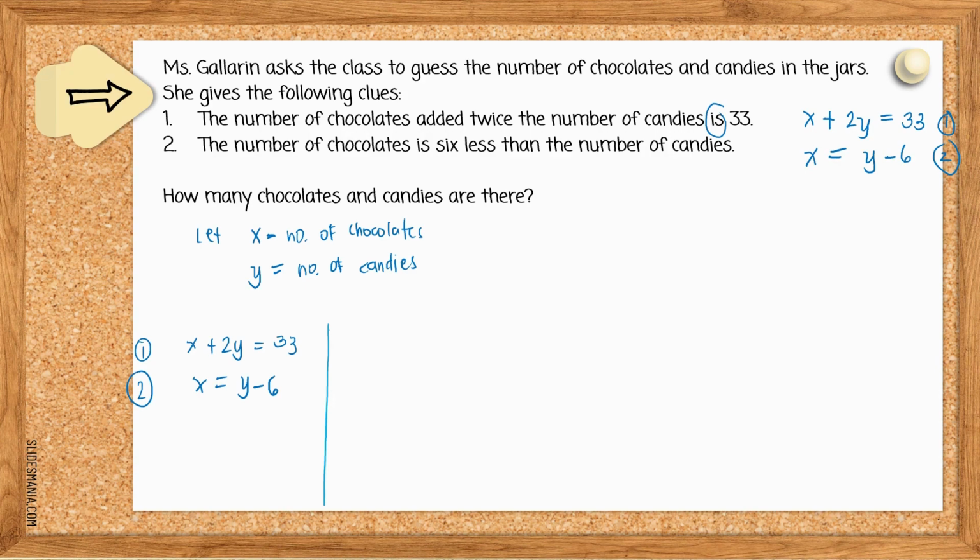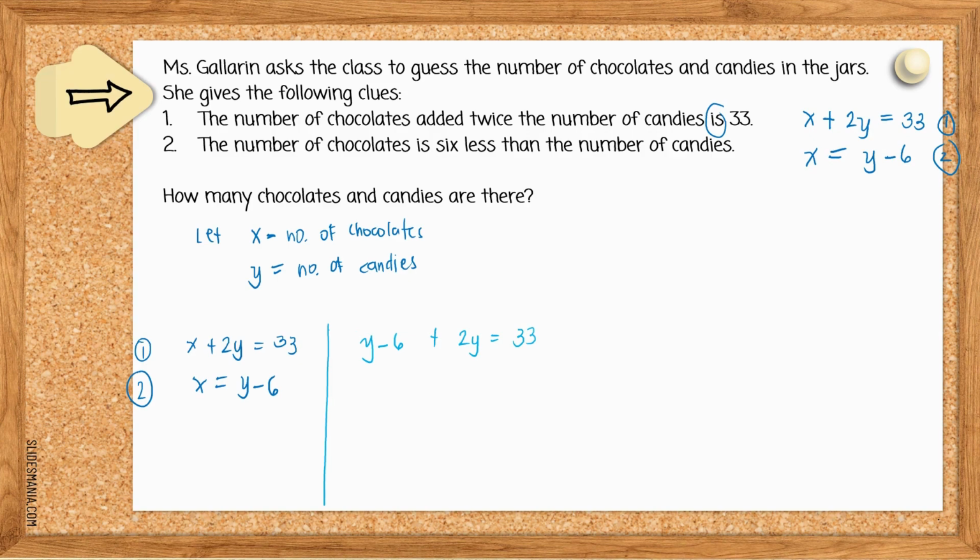So we substitute this for x. Instead of x, it will be y minus 6, plus 2y is equal to 33. Okay? And then just eliminate the parentheses.